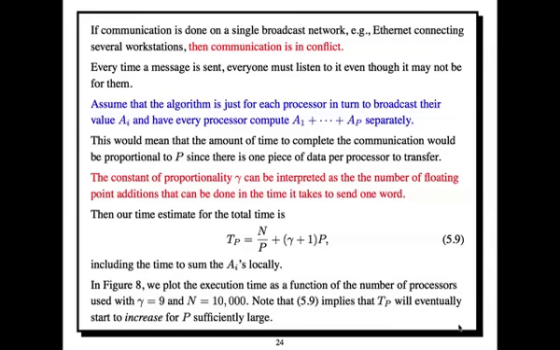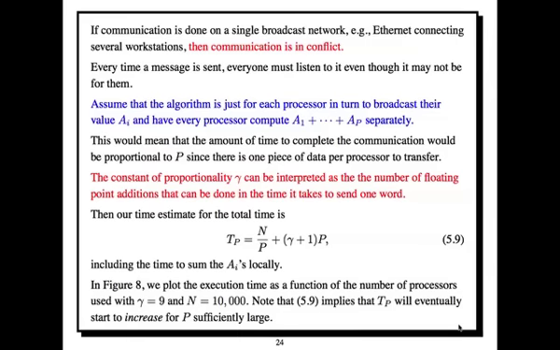So here's our model of the parallel execution time. It's n over P plus the constant corresponding to communication, and then of course each processor has got to add the numbers together. In this case, what I'm assuming is that everybody broadcasts their partial sums, and then everybody does redundantly the summation of all the partial sums.